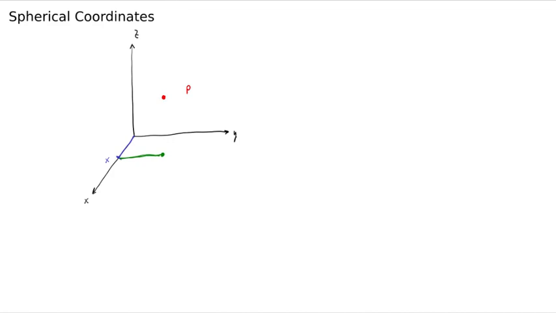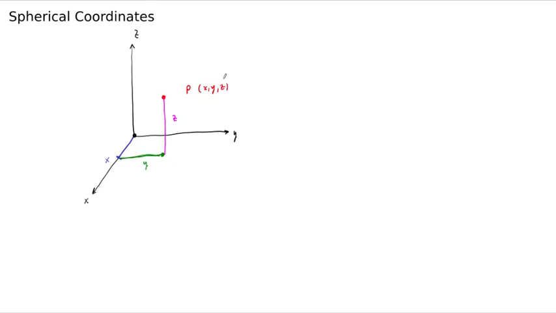And then the last component of this point is the z component. This point finishes off the diagonal of a rectangular prism for which one corner is the origin and the other corner is the point P. And so this point P is described by these coordinates, x, y, z.